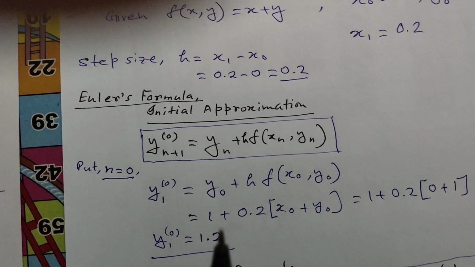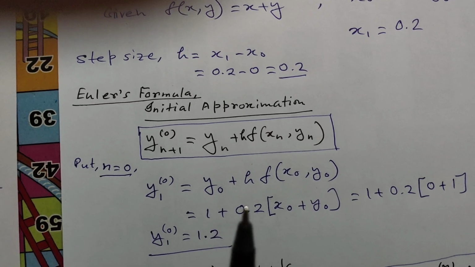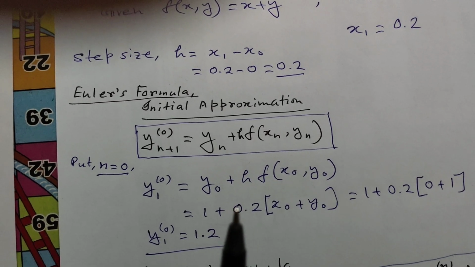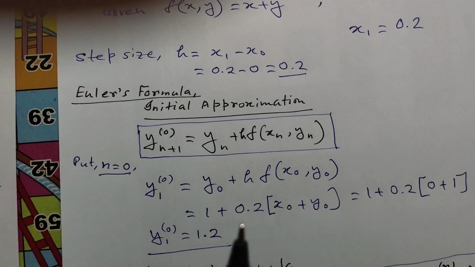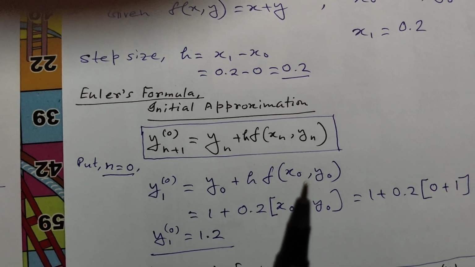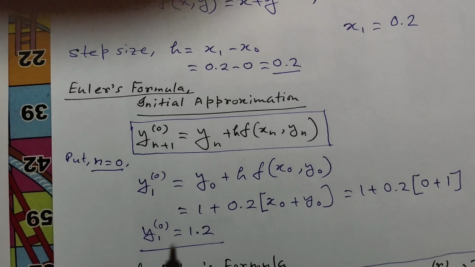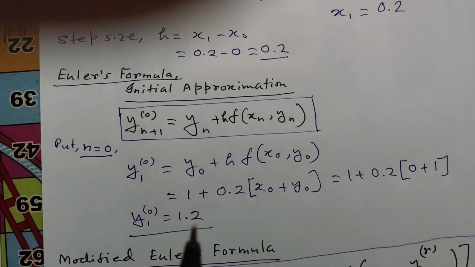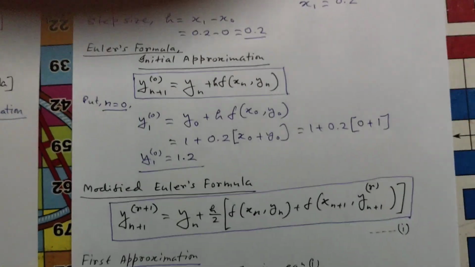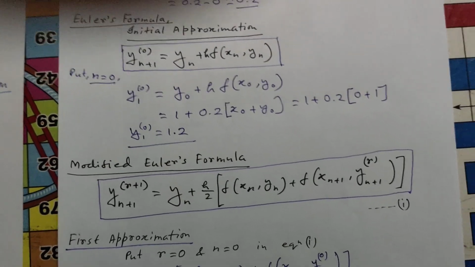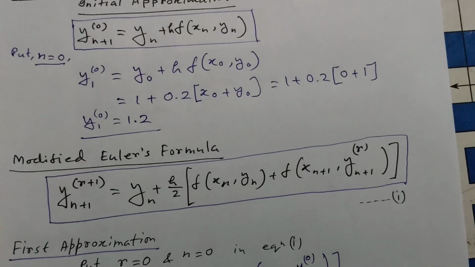We know these values already, so put the values of y0, x0 and h. So 1, h is 0.2, x0 is 0 and y0 is 1, so we get the value of y1^(0) equals 1.2.